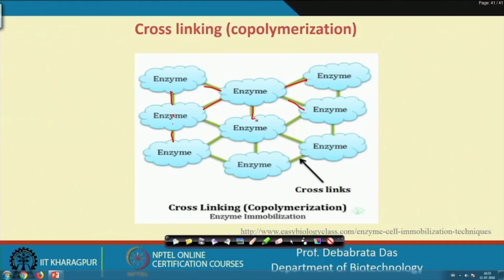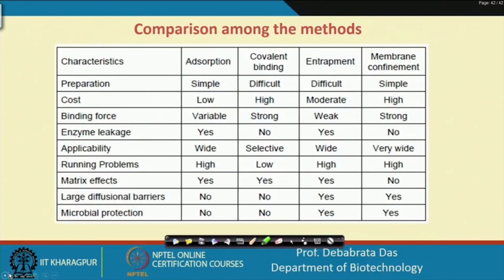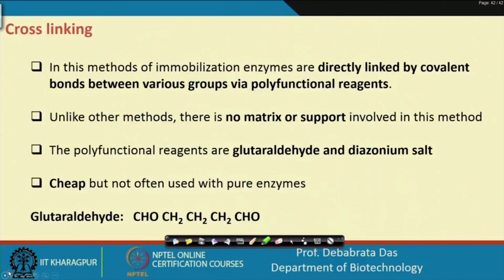So here we have the cross-linking agent, and the commonly used cross-linking agent is glutaraldehyde.